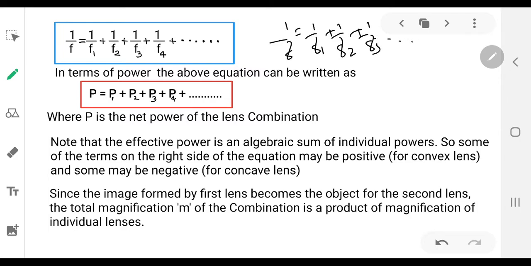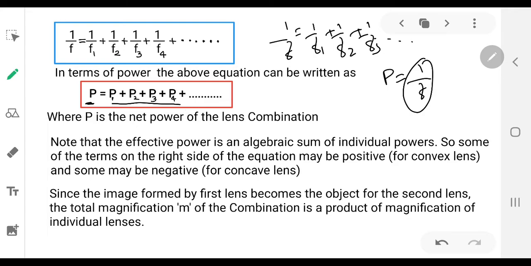Now the same equation we can write in terms of power, because power is equal to 1 upon f. So 1 upon f can be replaced by P. The power of the combination of the lenses is the sum of the individual powers of the lenses.